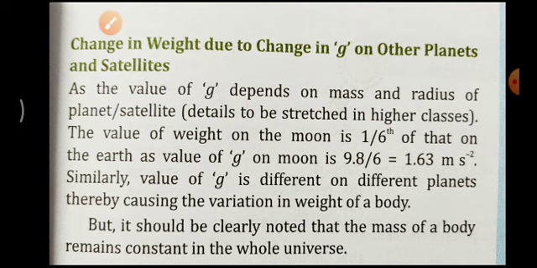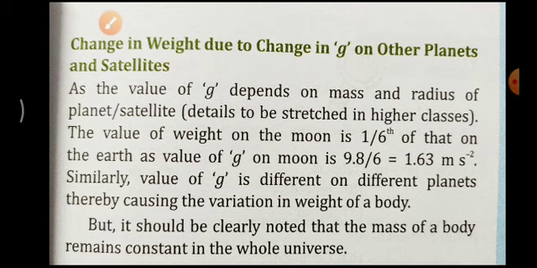So, change in weight due to the change in g, acceleration due to gravity, on other planets and satellites. As the value of g depends on mass and radius of the planet or satellite, details will be stretched in higher classes, that means about this you will read in standard 10.